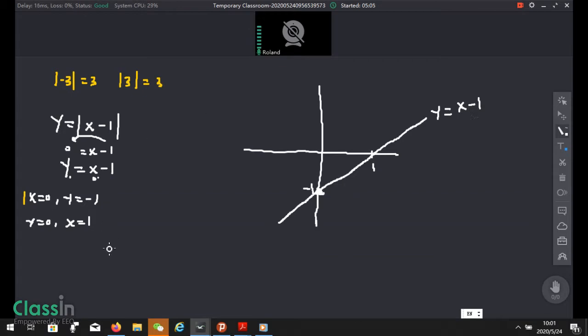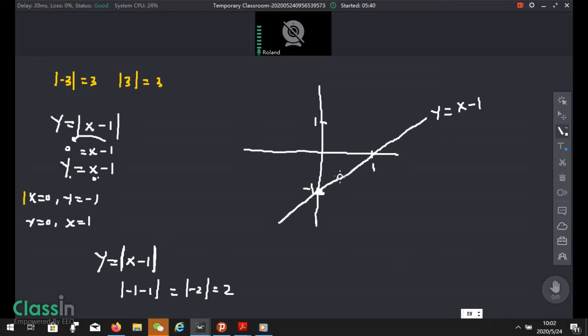Now, if we come to the graph of y equals the absolute value of x minus 1, there will be no negative y value, because all the absolute values are positive. For example, if x is -1, we will have absolute value of -1 minus 1, which is absolute value of -2, and that is +2. Is that right? So all these values will be positive. Here, this -1 will be +1.